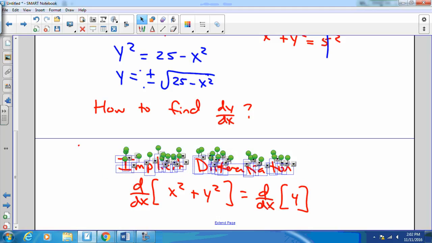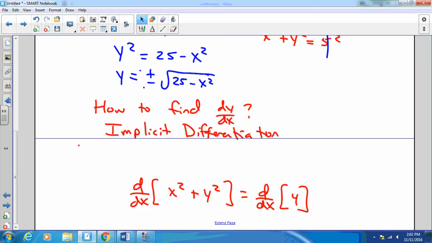For the sake of your notes, I'm going to write that relation right here. I'm going to take the relation and find its rate of change. And here's the logic. It's really simple.